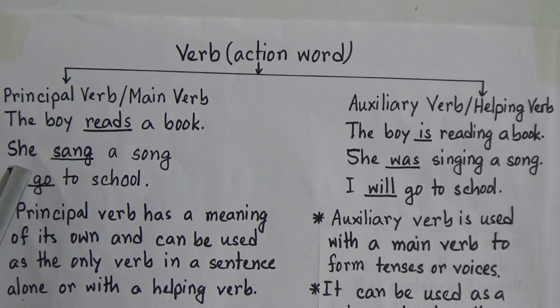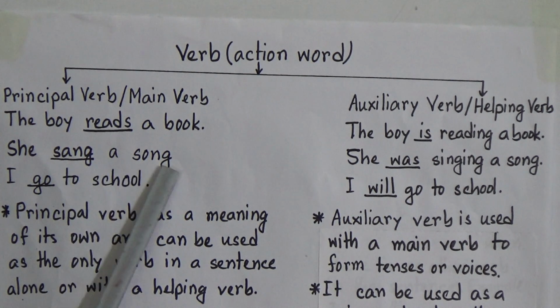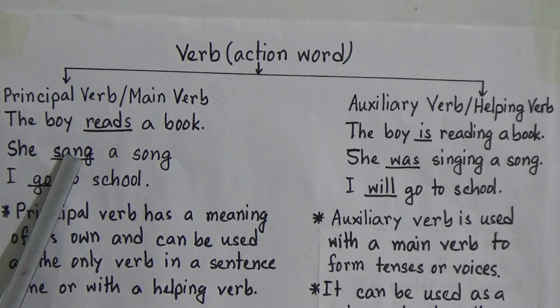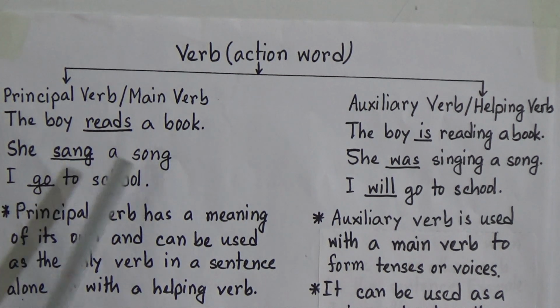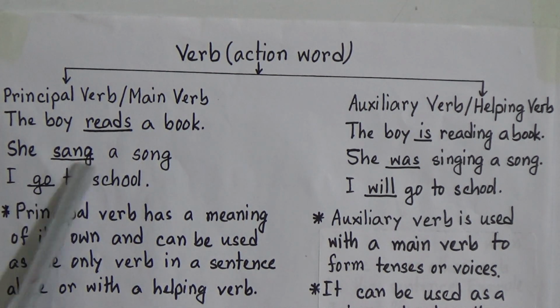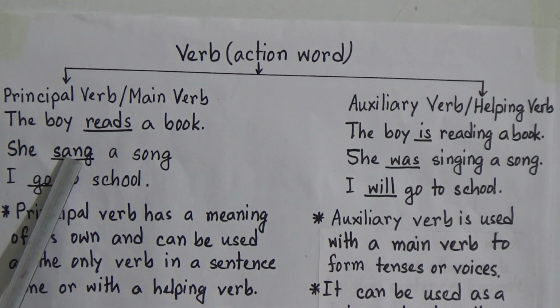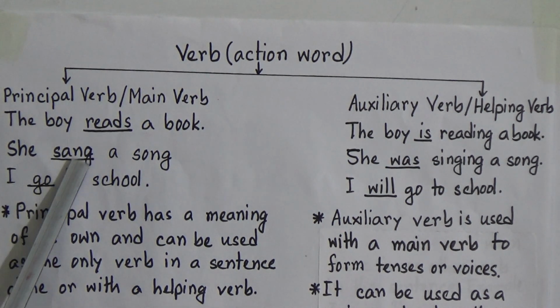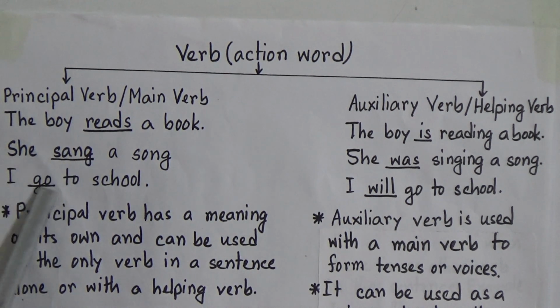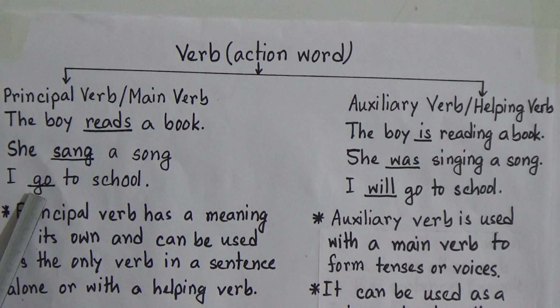Now look, next one, she sang a song. Sang is the past form of the verb sing. So the verb has its own meaning also, and we use it here without any helping verb. Now look, I go to school. Here the verb go is in the present form, and the verb go has a meaning of its own.